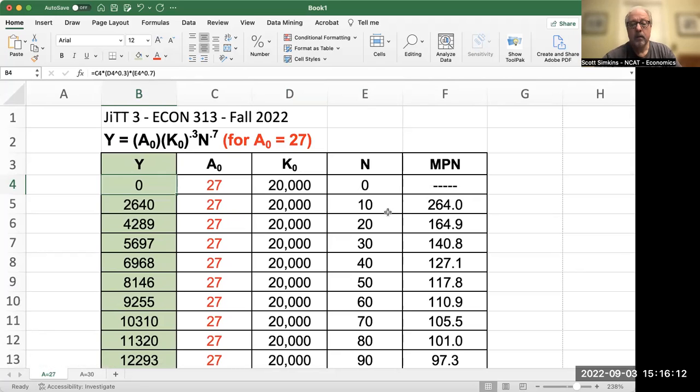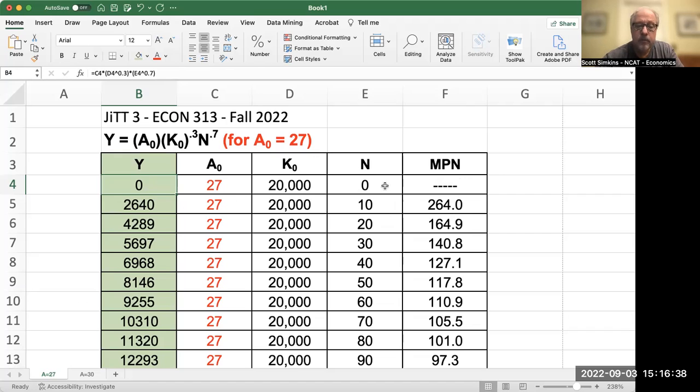But before we look at that, let me also point out that the column over here is the marginal product of labor. Well, what is the marginal product of labor? If you look in the textbook, it's the change in Y when we change N. For this first number, there's nothing in this first cell because there's no change. You can't compare it to anything.